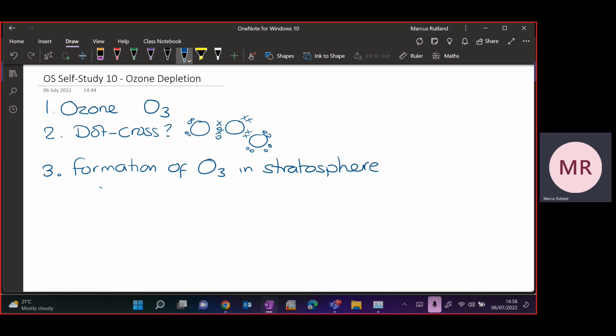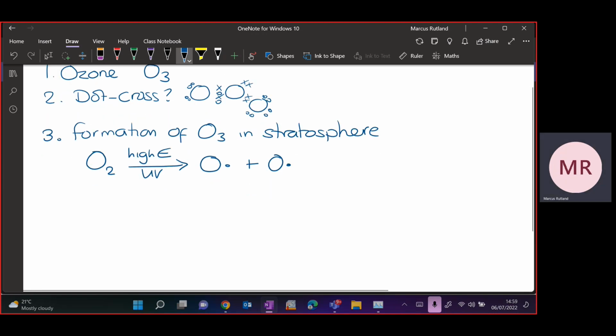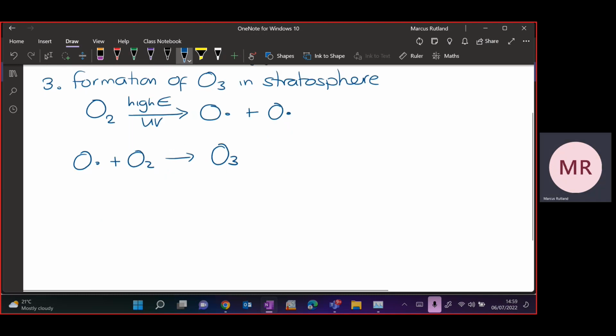And the two steps are that initially you get the photodissociation of oxygen into two oxygen radicals, and that's due to high energy UV. And then secondly, an oxygen radical can combine with another O2 to make O3.